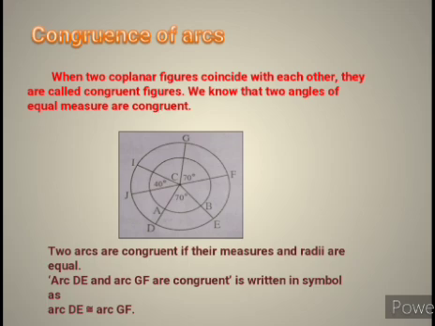We know that two angles of equal measure are congruent. Two arcs are congruent if their measures and radii are equal. In the figure, arc DE and arc GF are congruent. Why? Their central angle is 70 degrees, in the same circle, same radii, same measurement. Therefore these arcs are congruent to each other, and it is written with the symbol: arc DE is congruent to arc GF.